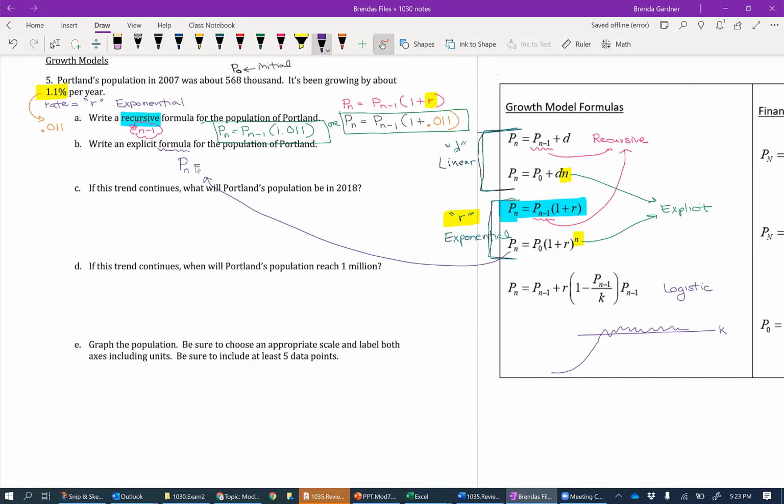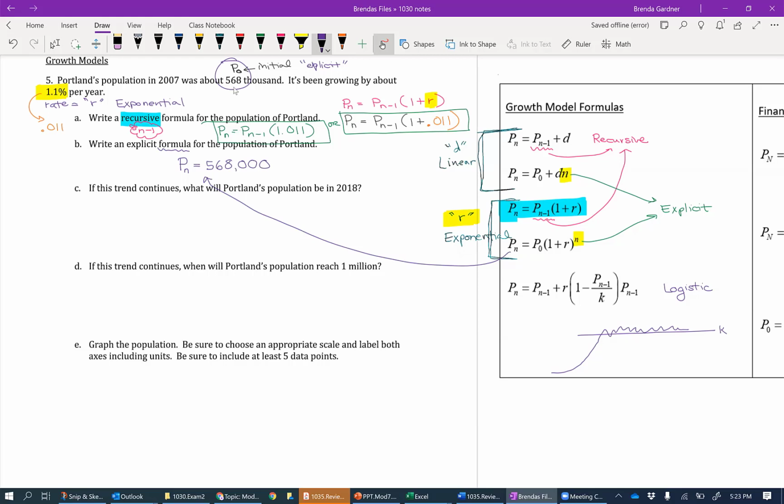This time though, it has a P sub 0, so you can replace the P sub 0. This is only in my explicit formula. Sorry about the handwriting there. You would put 568. Personally, I would also add the 0s so I don't forget about them.